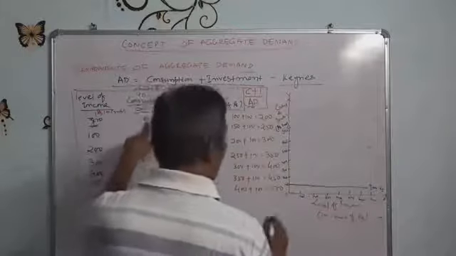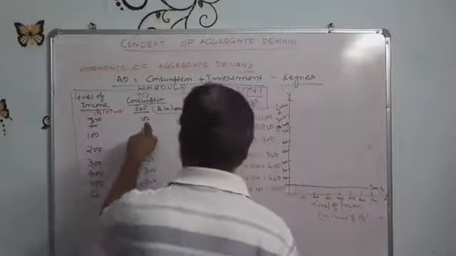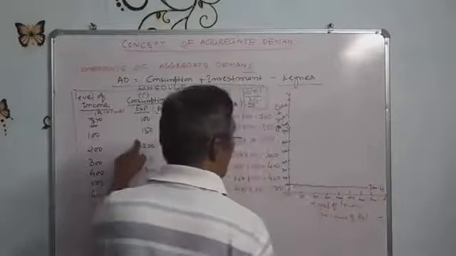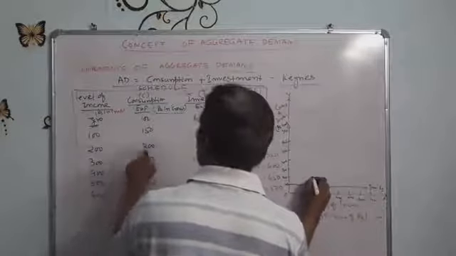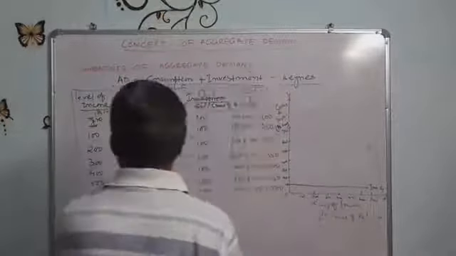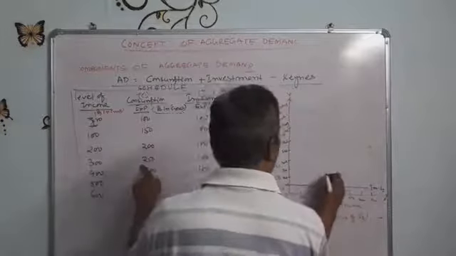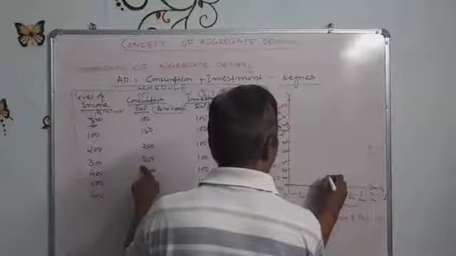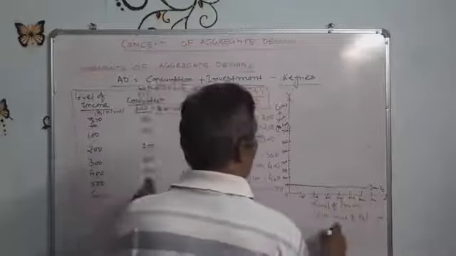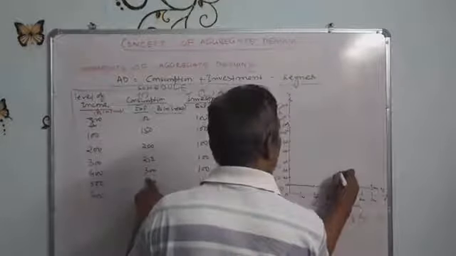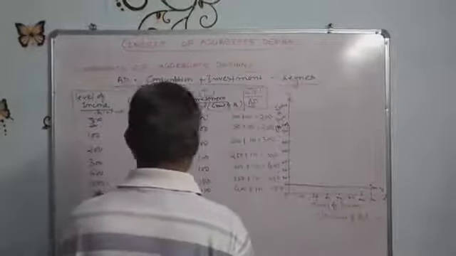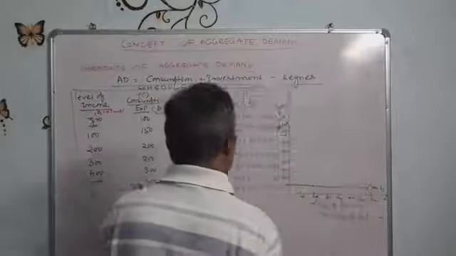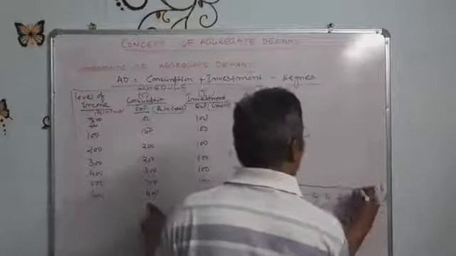So 0, 100; 100, 150; 200, 200; 300, 250; 400, 300; 500, 350; and 600, 400.